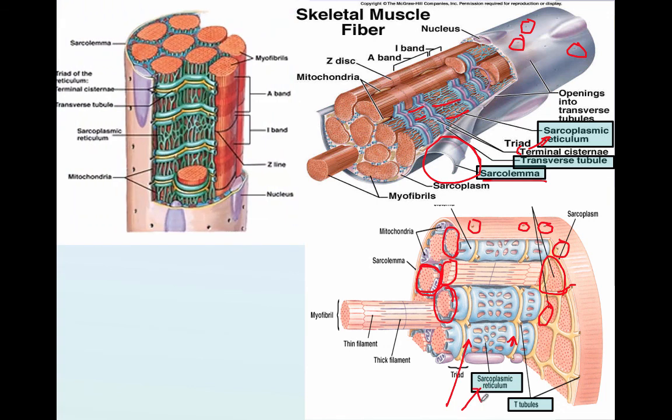Here's a third depiction. Again, it's hard for us to see the sarcolemma. It's this beige-like thing that you see here. Now they're showing you that this guy is multinucleated. This is part of a muscle fiber, and we've cut away the sarcolemma.